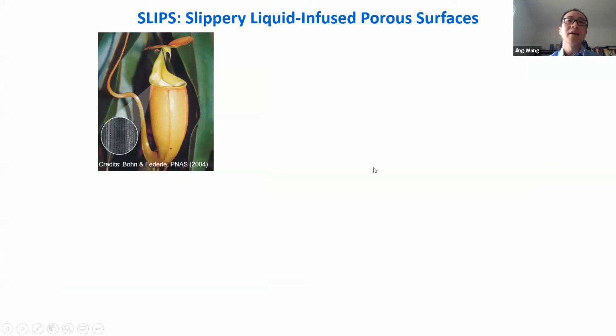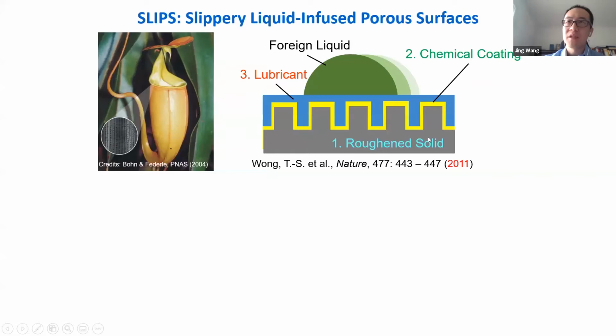That's why, inspired by pitcher plants, using a very different strategy, we replace the solids not with air, but with another liquid. This surface was invented in 2011 by my PhD advisor and his mentor at the time at Harvard, John Eisenberg, together. They created these slippery liquid-infused porous surfaces, short for SLIPS.